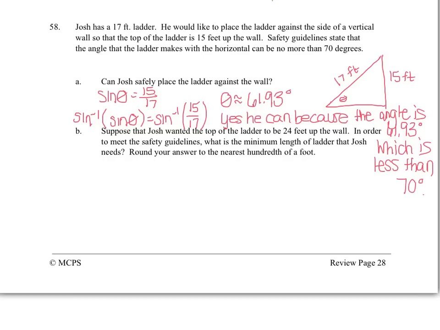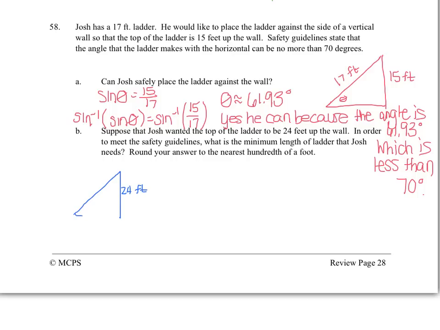And for part B, suppose that Josh wanted the top of the ladder to be 24 feet up the wall. In order to meet the safety guidelines, what is the minimum length of ladder that Josh needs? Round your answer to the nearest hundredth of a foot. So we now want this ladder to be 24 feet up.